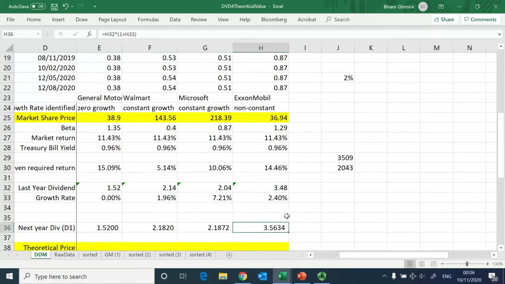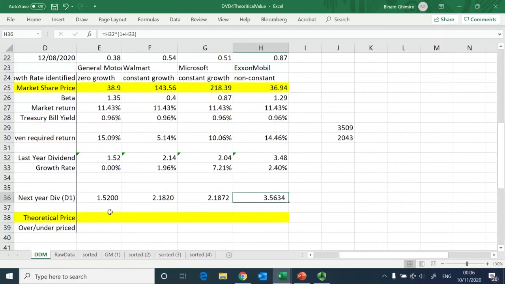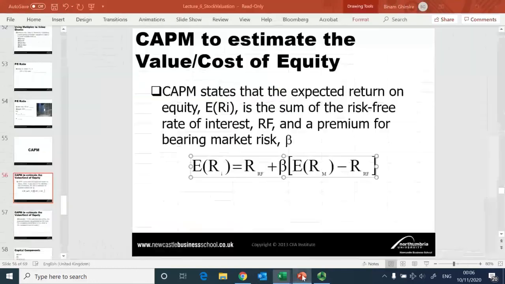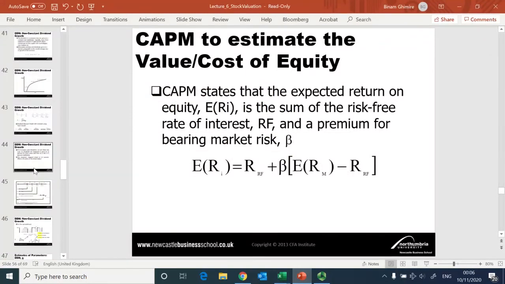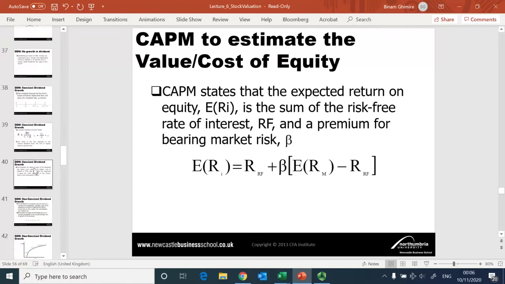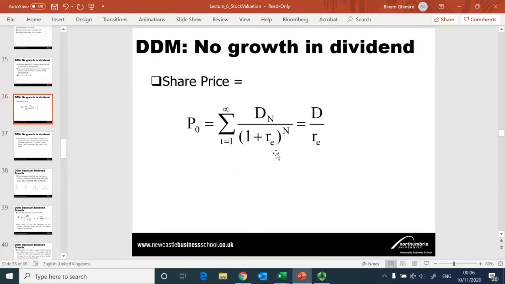Now what we need to do is to find out the theoretical price for different assumptions related to the dividend growth rate. So theoretical price for General Motors, which has zero growth in dividend, can be computed using the formula, which is simply the capitalization of the dividend, given by this formula here.